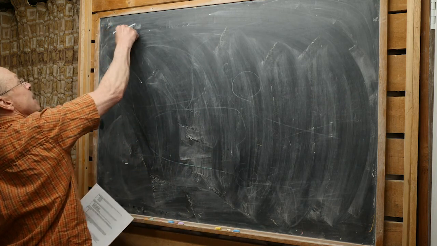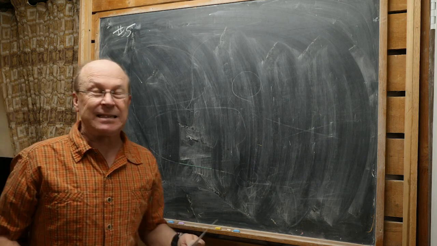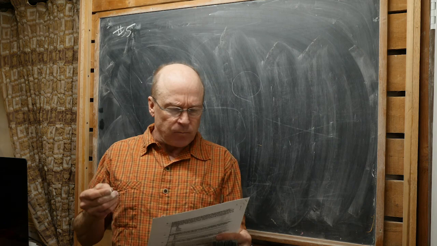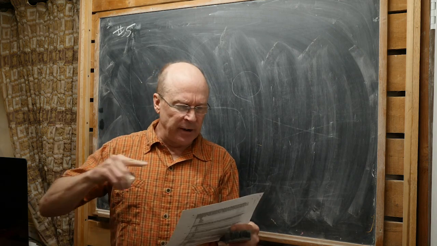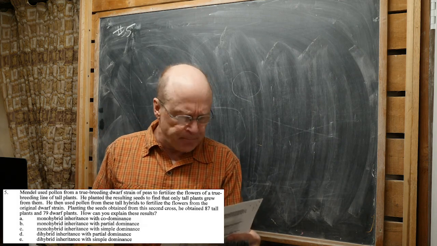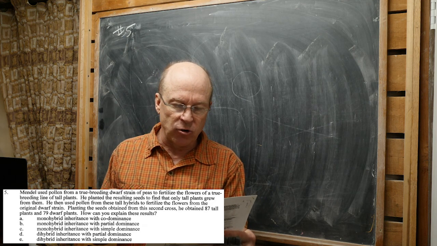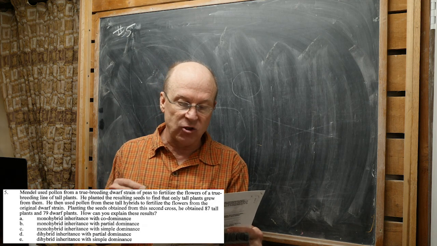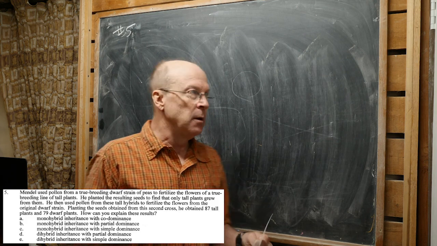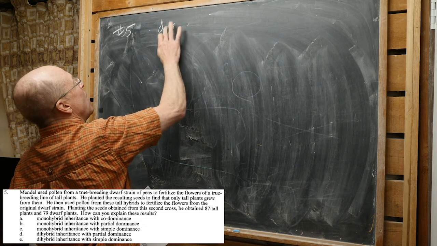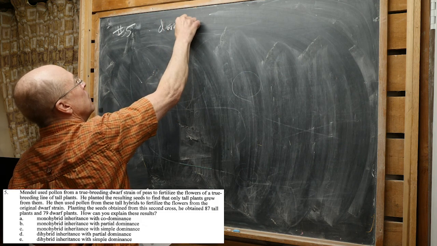Number 5. Now there's a lot to say here. You're going to be able to see these questions here when I show the screen and read them. So here we have it. Mendel used pollen from a true breeding dwarf strain of peas. Okay, so I'm gonna say that we've got dwarf.